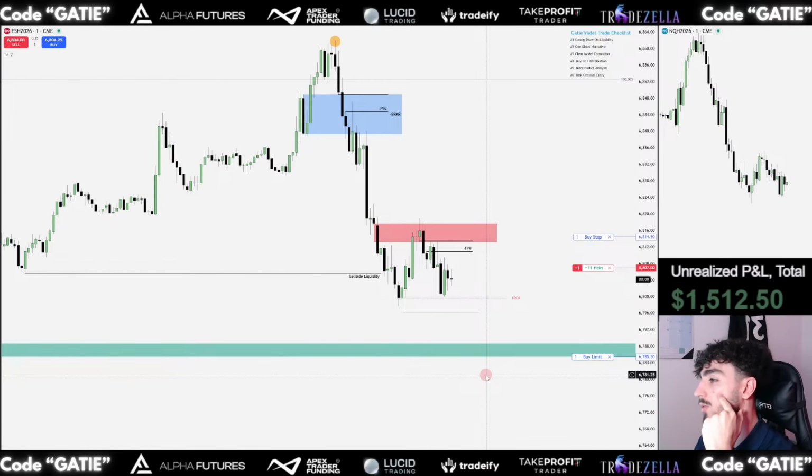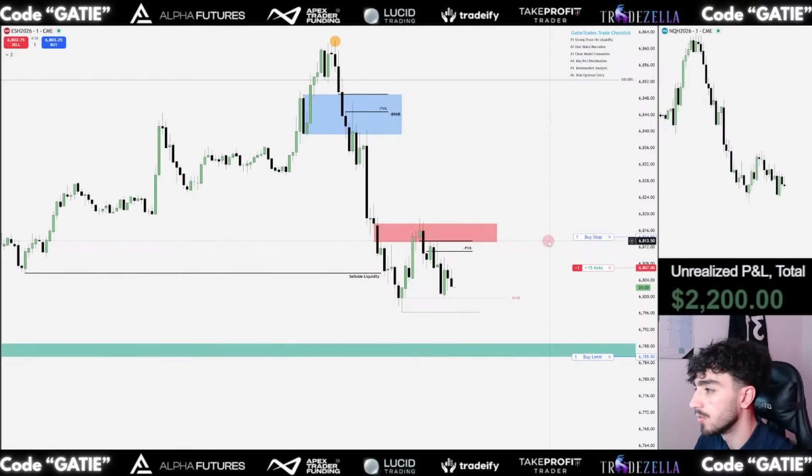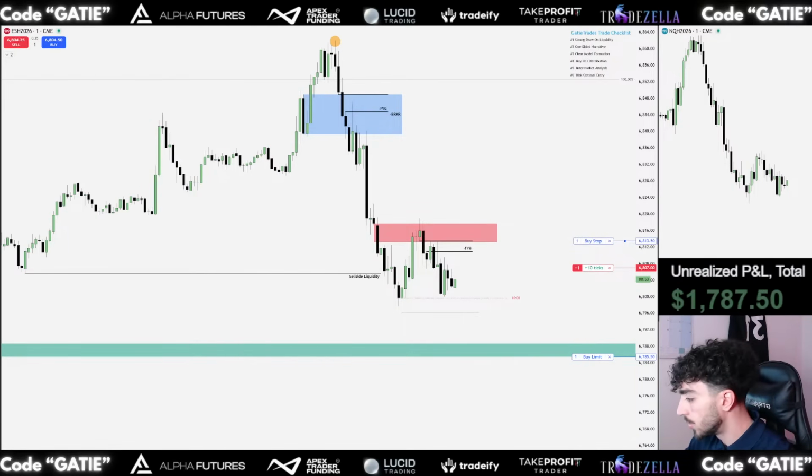Just want to see a lower low here, really. If we get a lower low, we can put the stop here. Realistically, the stop should be here already. What is that? 813.5. 813.5.